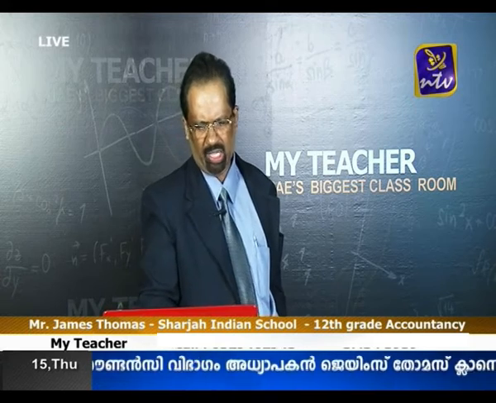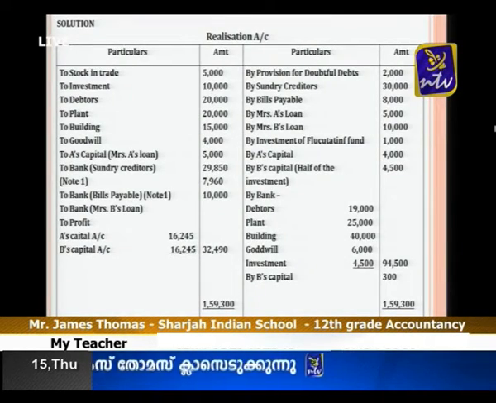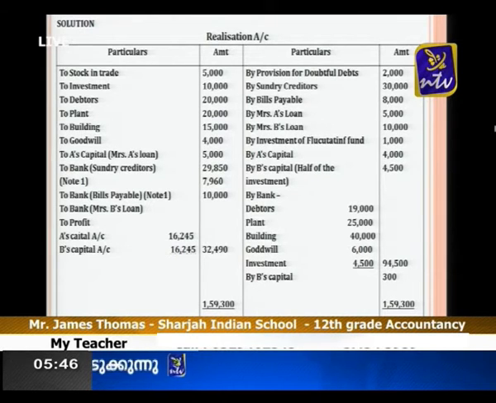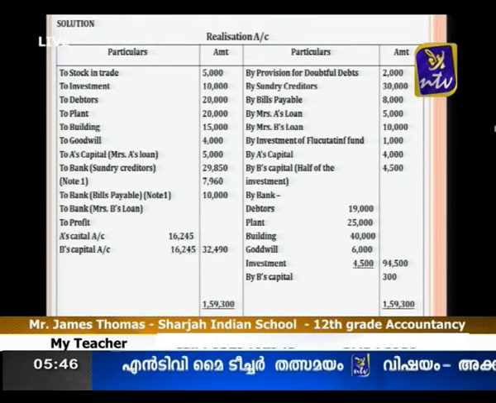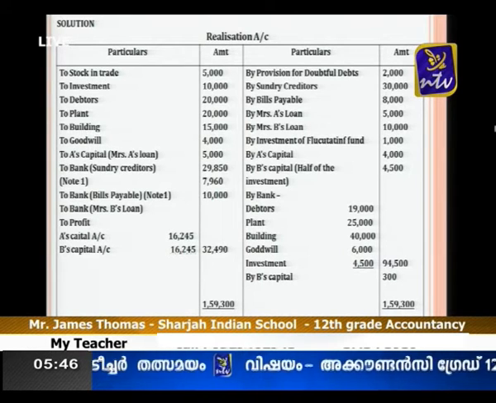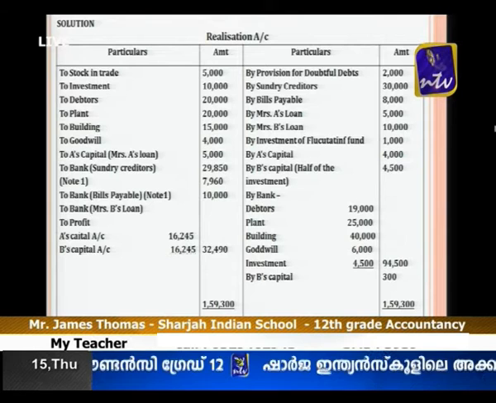All of you please look at the monitor; the answer is given there. First, all assets are transferred to the realization account: stock in trade, investment, debtors, plant, building and goodwill. We transfer them by passing the journal entry realization account debit to various assets accounts.